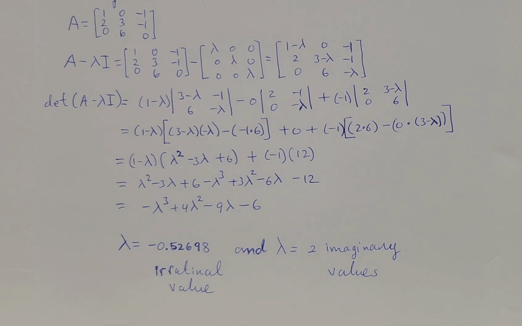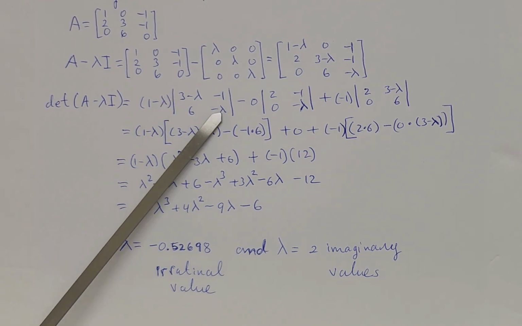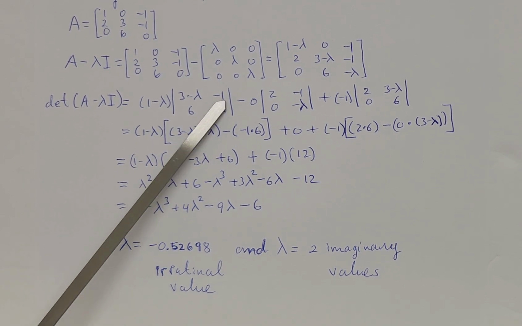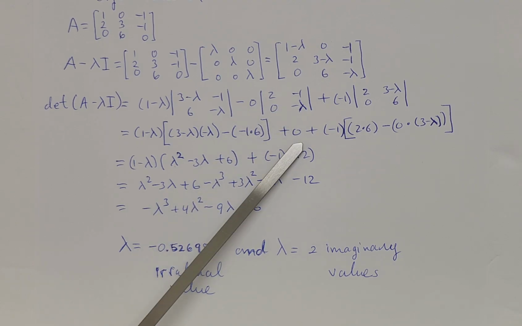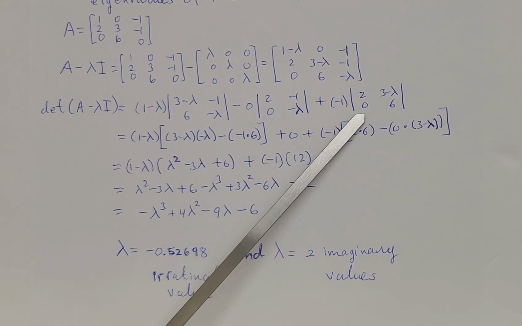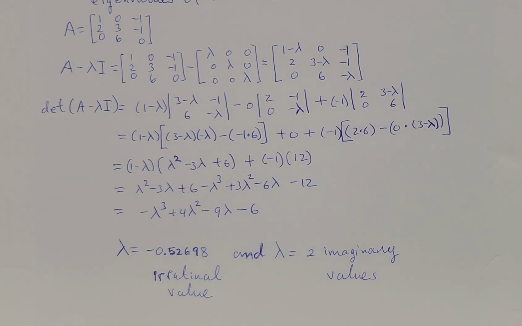Bring down the negative 1, so 2 times 6 minus 0 times that is here. Okay, so one more time, 3 minus lambda times negative lambda, which is here, minus negative 1 times 6, which is here. 0 times anything is just 0. Bring down the negative 1. 2 times 6 is here, and 0 times 3 minus lambda is here. After that, simplify a little bit more.